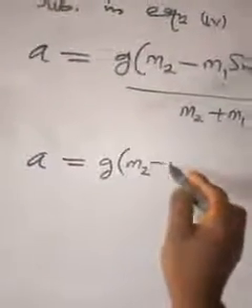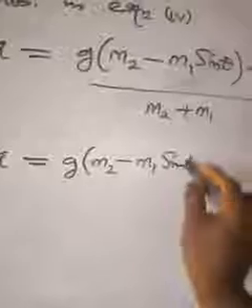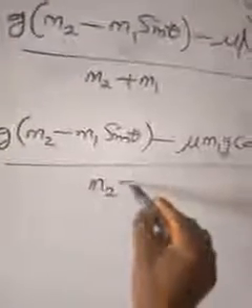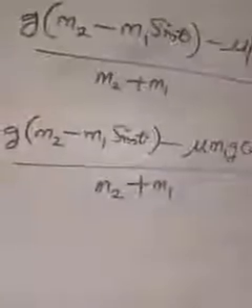Therefore, we have acceleration equals acceleration due to gravity times m2 minus m1 sine theta minus coefficient of static friction multiplied by m1g cos theta, divided by m2 plus m1. So this is equation 5, which can be used to determine the acceleration of the body when the coefficient of static friction is not equal to 0.